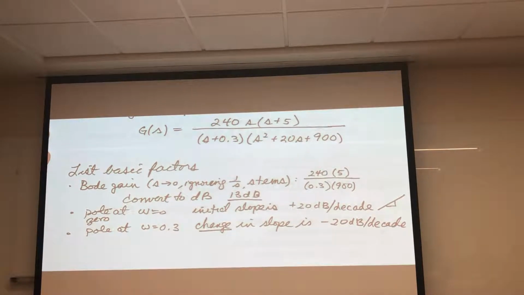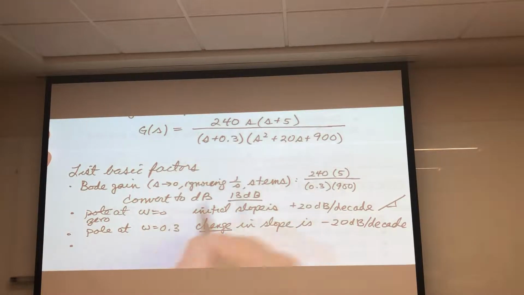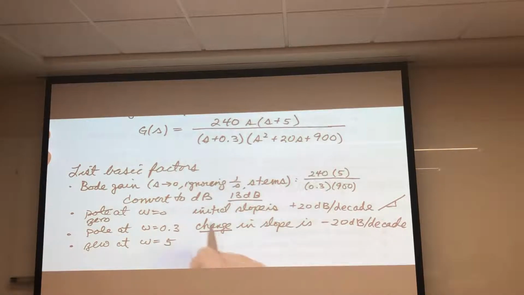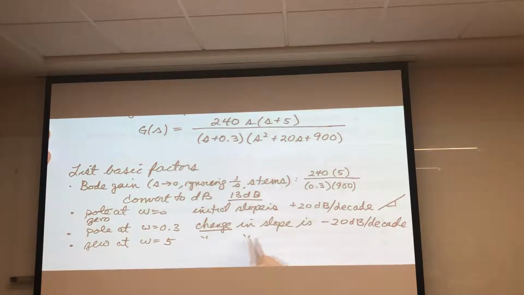Let's continue on. I have another 0 at omega equal to 5. So the change in slope is plus 20 dB per decade.